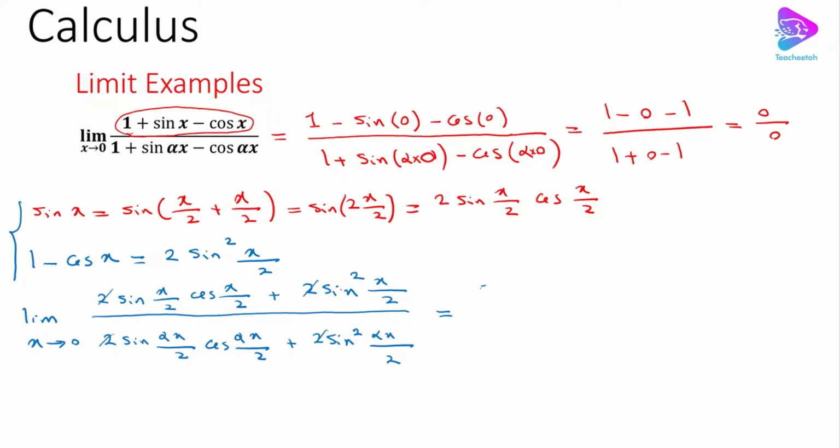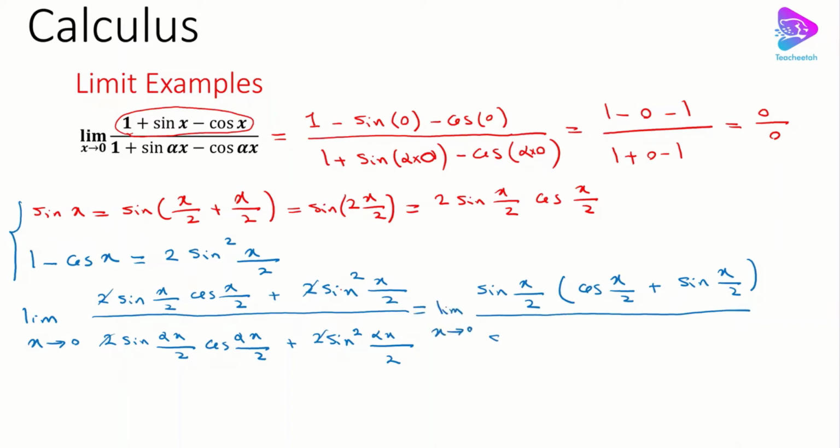We can say it is actually sine x over 2 times (cos x over 2 plus sine x over 2), and on the bottom we will have, don't forget the limit, the limit of x approaching 0, sine of alpha x over 2 times (cos of alpha x over 2 plus sine of alpha x over 2).